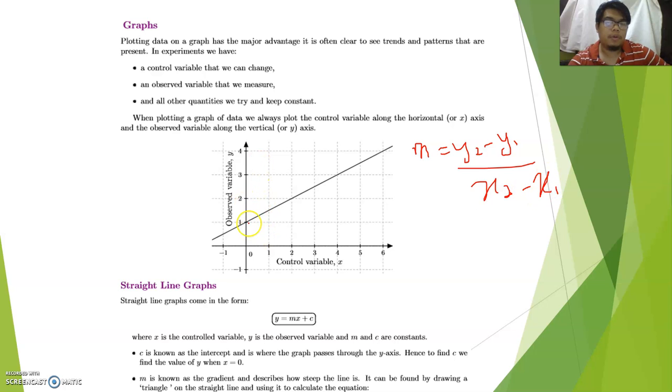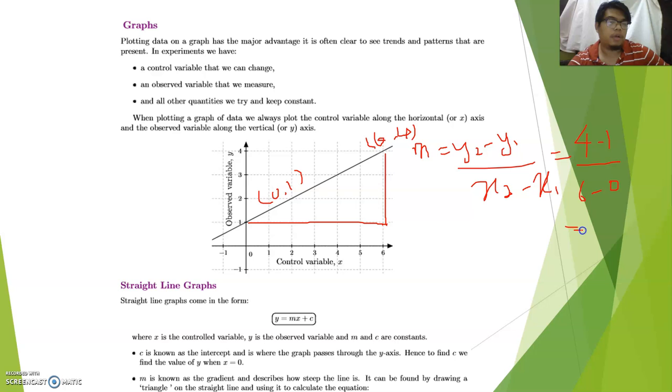And from this graph we can make this triangle, and we determine the coordinate for this point. So the coordinate for this point is 6, 4, and 0, 1. So what we do is we take this as y2, this one as y1. So 4 minus 1 divided by 6 minus 0.